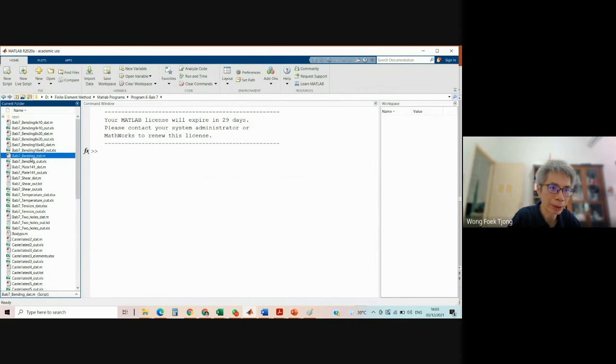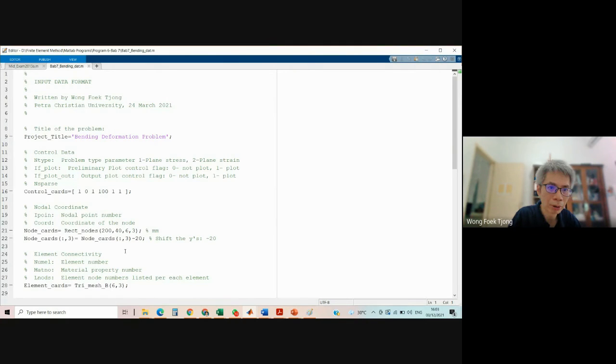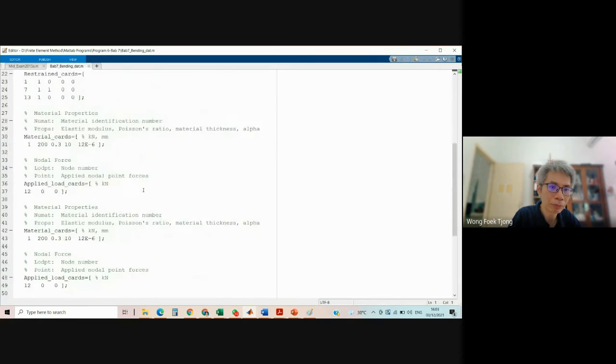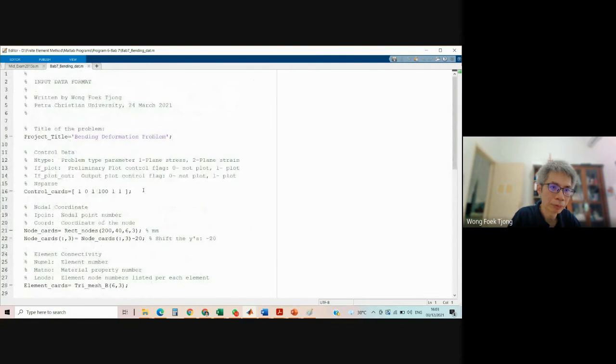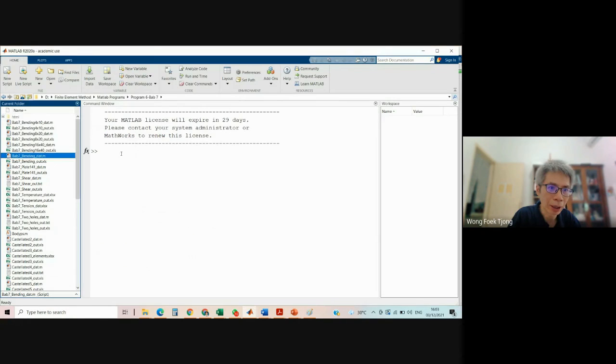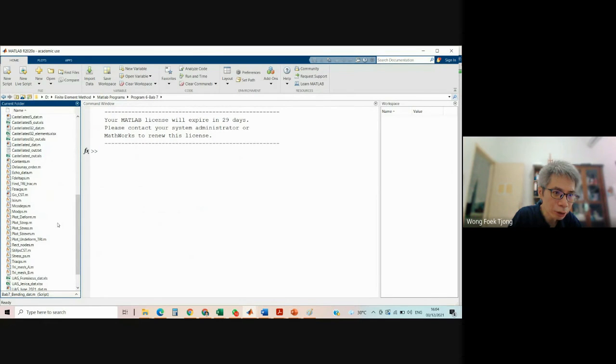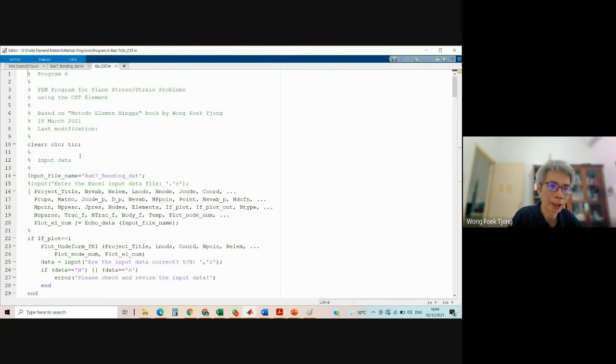This is the input data for the pure bending problem in MATLAB. I will not talk about the details of this, but about how to run this program. The main program is GoCST.